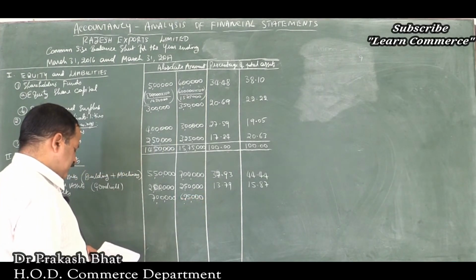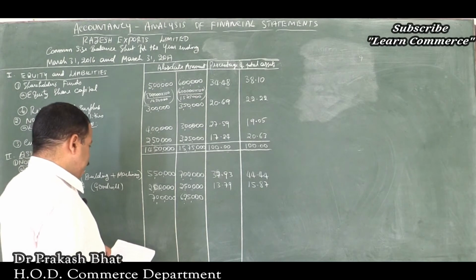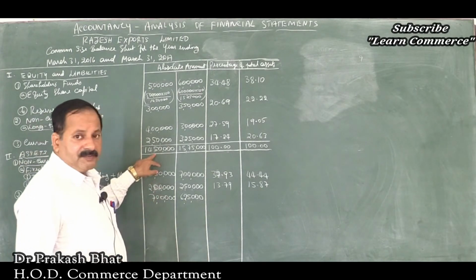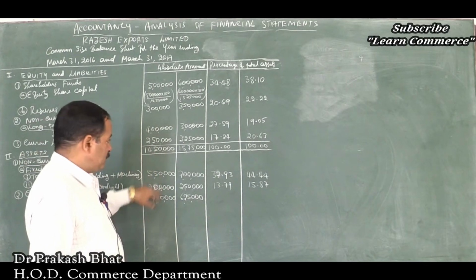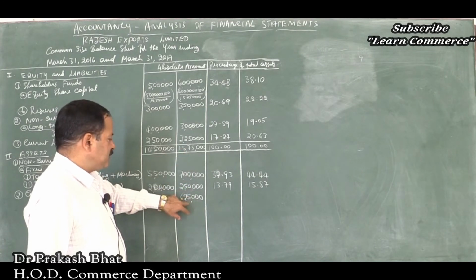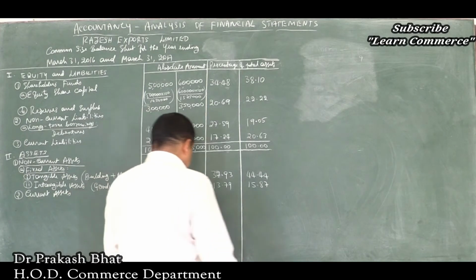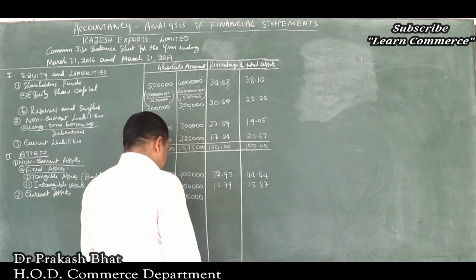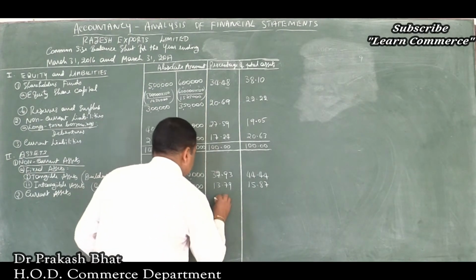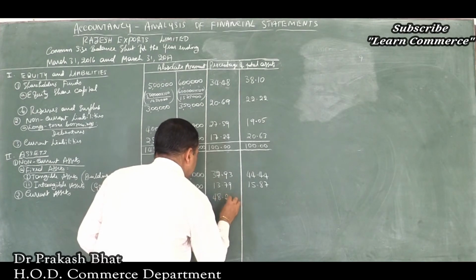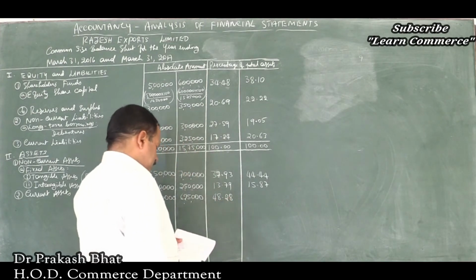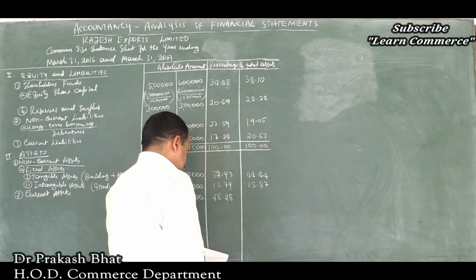Yes, it is. So if you calculate, 14 lakh 50,000 means 100, 7 lakh means how much? Here 15 lakh 50,000 means 100, 6 lakh 25,000 means how much? 7 lakh comes to 48.28 and 39.69.